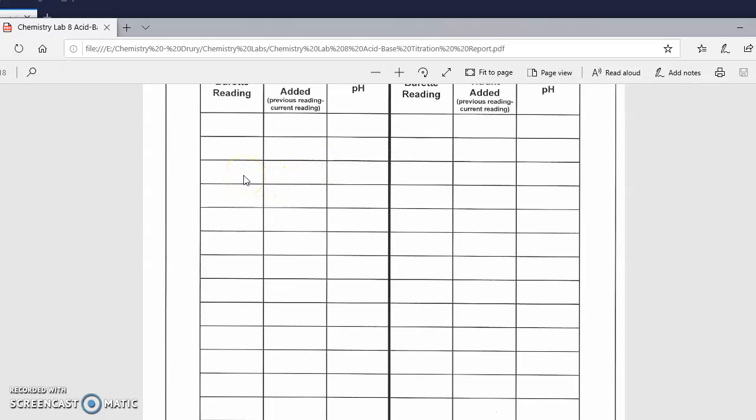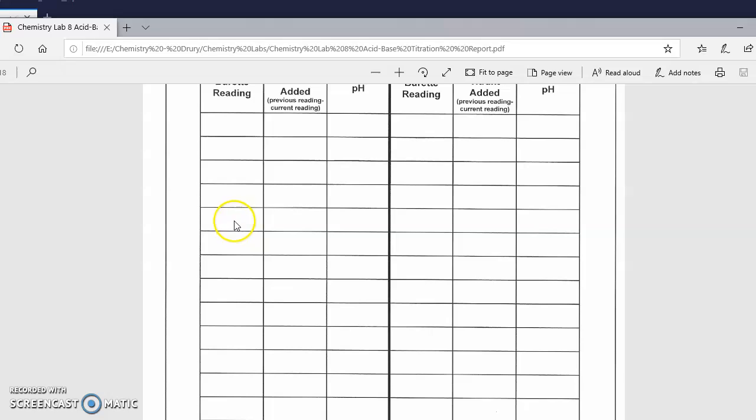If at 42.5, so we've added 2.5 total, this right here is 4.52. If we drop down now to 40.00, this means we've added 5 milliliters, and the pH is 5.00.